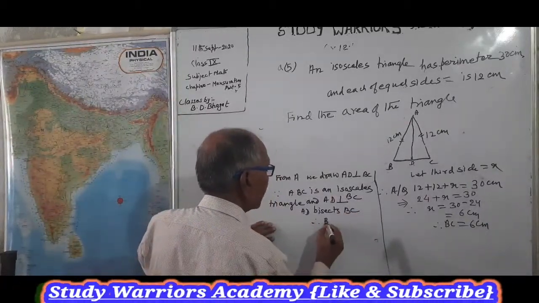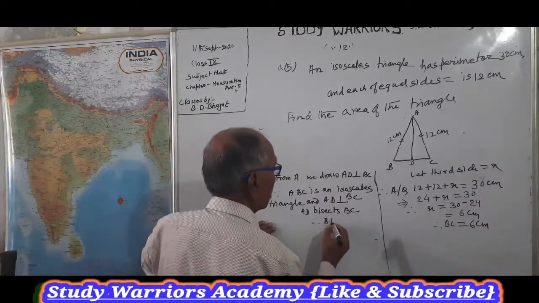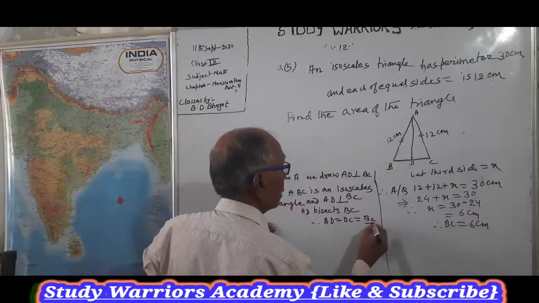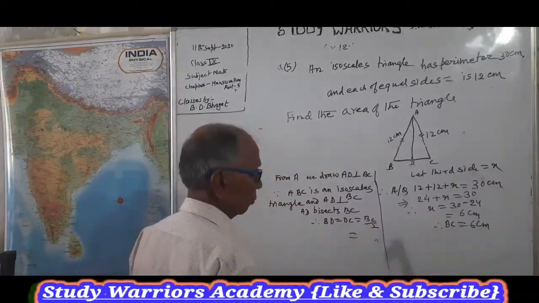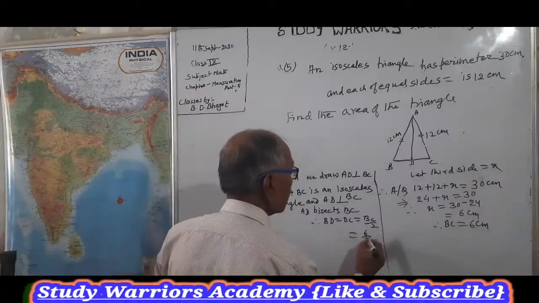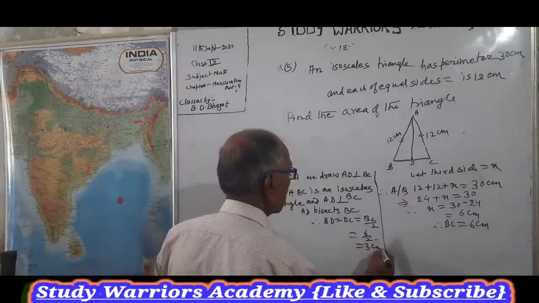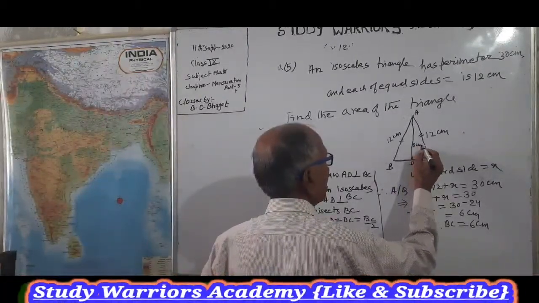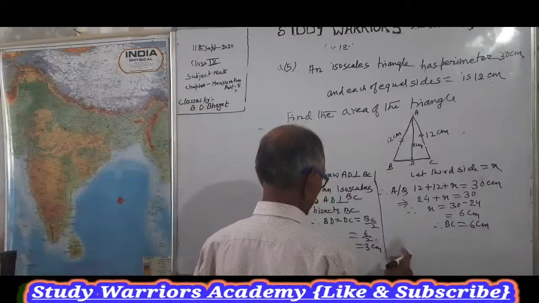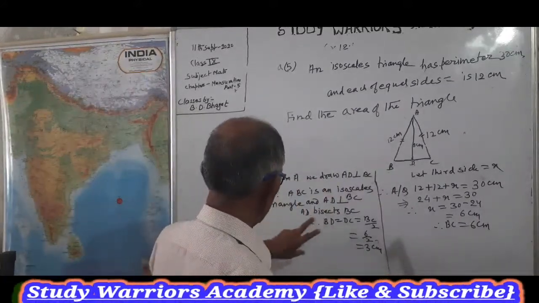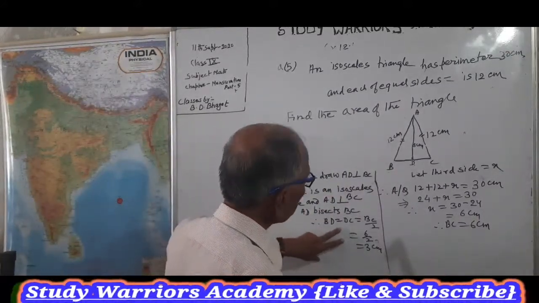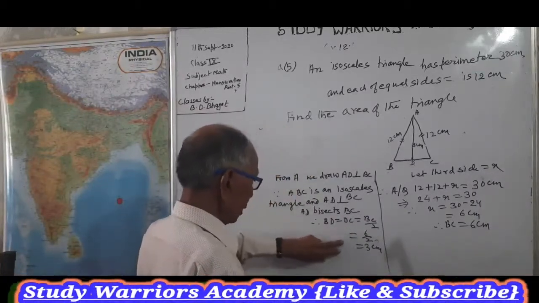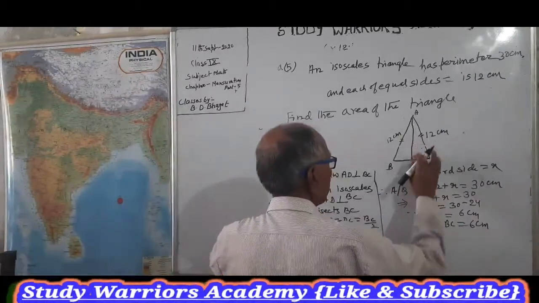Bisects means dividing into two equal parts. BD is equal to DC is equal to BC by 2, is equal to 6 by 2, 3 centimeter. So this is 3 centimeter, and this is BD is equal to DC is equal to BC by 2, so 3 centimeter, 3 centimeter.